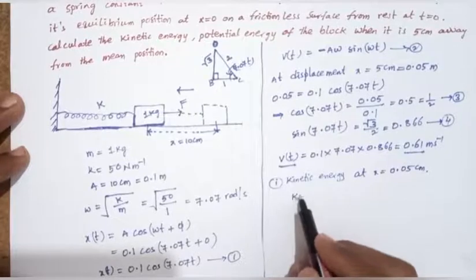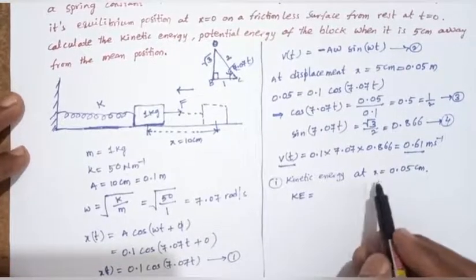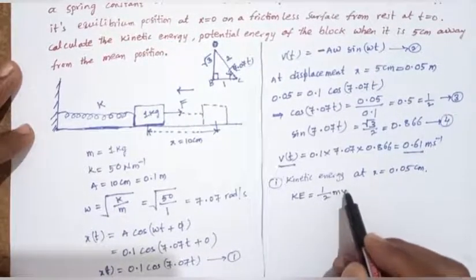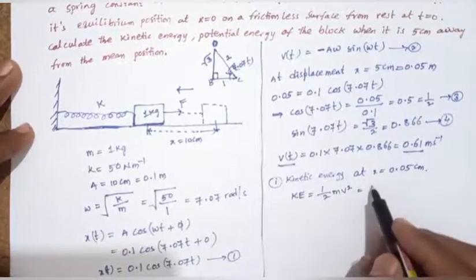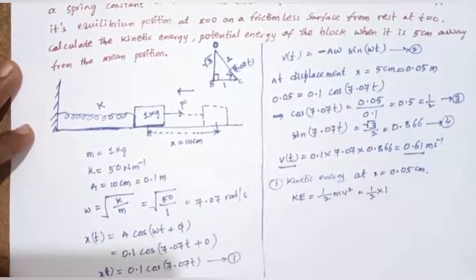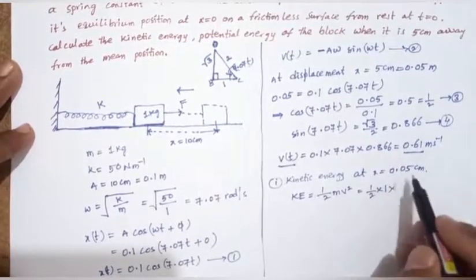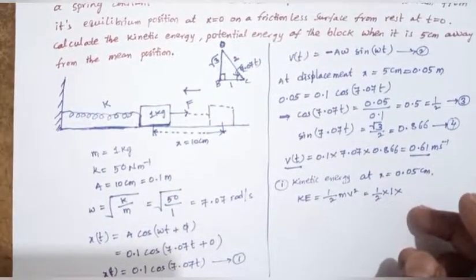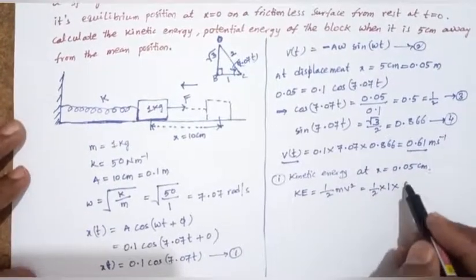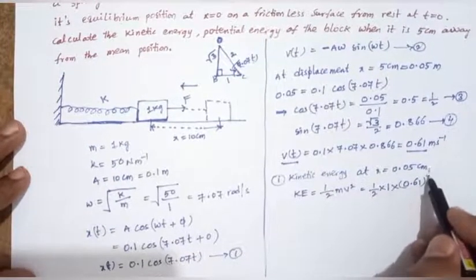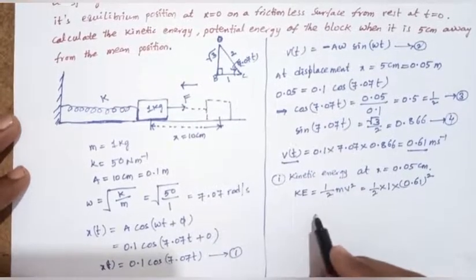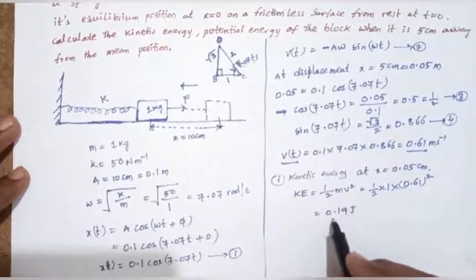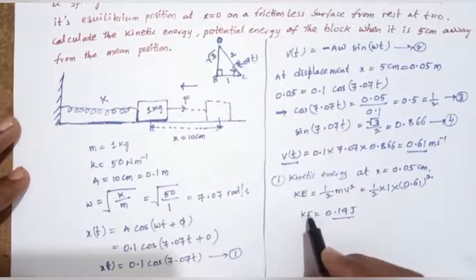The kinetic energy KE equals half m v square, with m equal to 1, and v equals 0.61, so half into 0.61 whole square. This value is 0.19 joules. This is the kinetic energy.